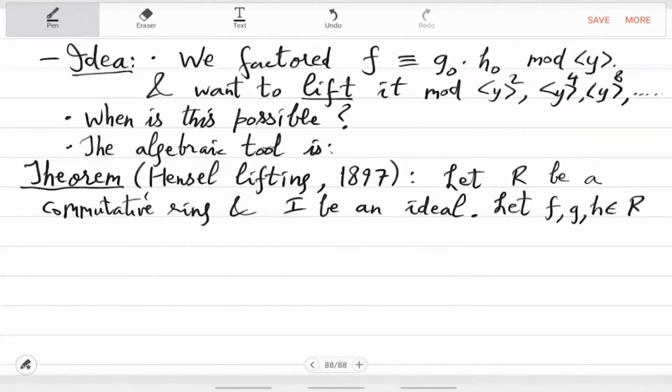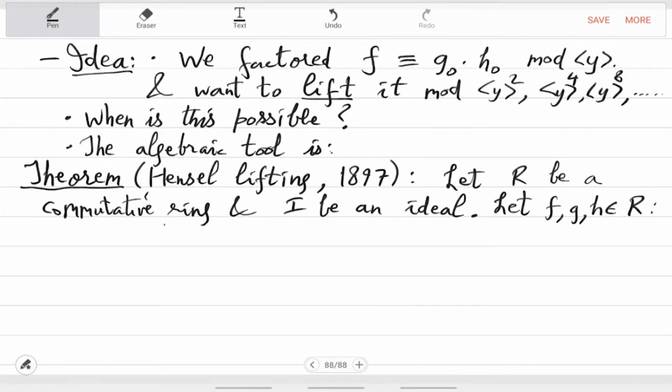If you don't want it too abstract, you can think of R as the polynomial ring, just like we had before in this example. R is the bivariate polynomial ring and there are 3 polynomials f, g, h and g, h are the factors, such that f is congruent to g times h modulo this ideal. Again, this ideal you can think of as the ideal y or its square and so on.